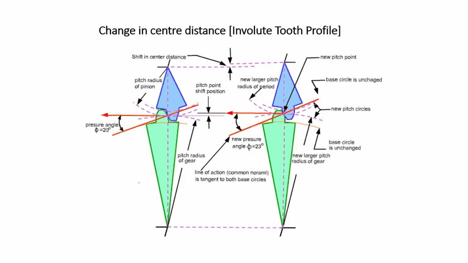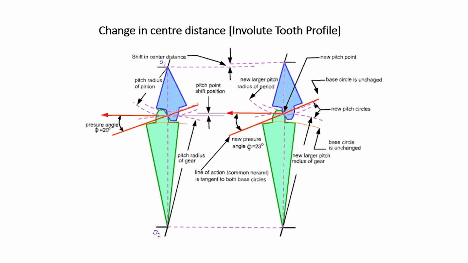Now, let us find the effect of change in center distance. The first figure shows the case in which the center distance is this O1O2, and the corresponding pressure angle is 20 degrees. This is the angle between the common tangent on the base circle and the common tangent on the pitch circles.